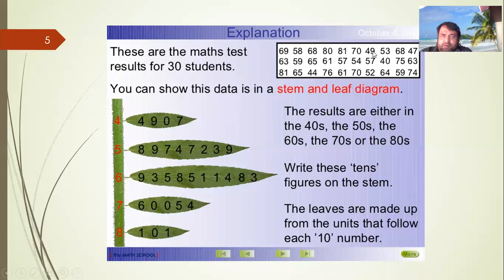Then for 49, we take 9. Then for 40, we take 0 in the leaf. Then for 47, we take 7. For 5, there is data like 58, so 8 is there, then 53, then 3 is there, and so on. Thus for every stem we just take the unit place value for the respective stem, and this is how you can make a stem and leaf diagram.